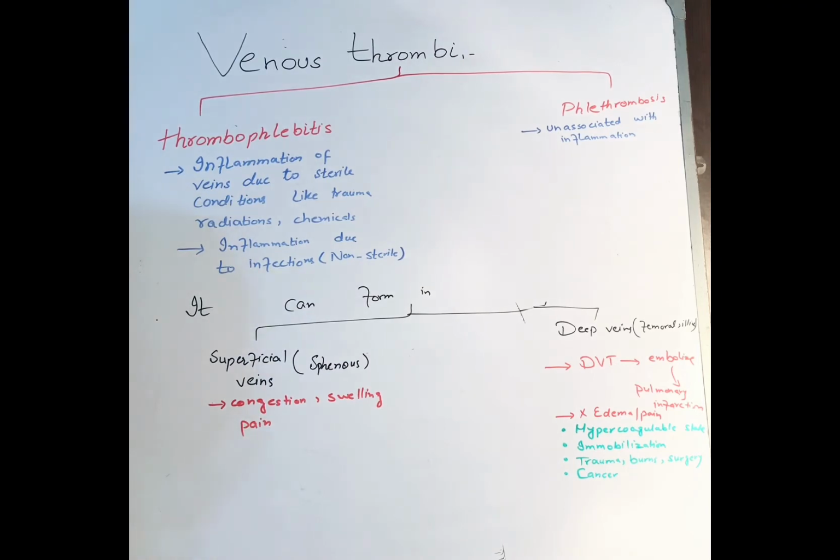So venous thrombi can be formed in two types of veins. It can be formed in superficial veins as well as deep veins. Superficial veins like saphenous veins, deep veins like femoral, iliac, popliteal veins. What happens when venous thrombi form in superficial vein? There can be congestion, swelling, and pain. There is blood accumulation, so there is congestion, there is swelling, there is tenderness, and there is pain.